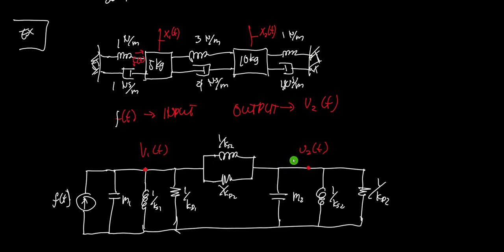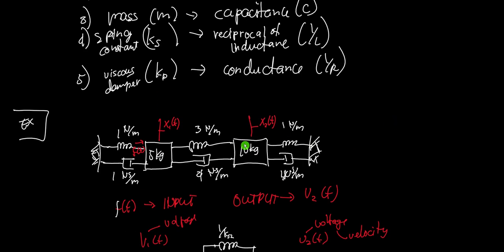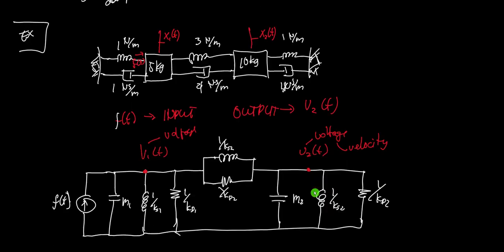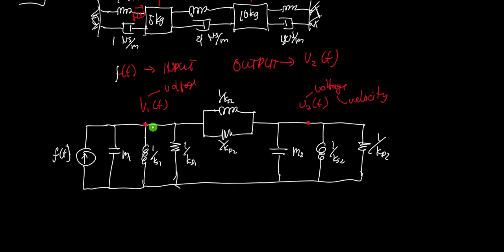So these V's here are voltage, not the velocity. But actually they are equivalent also to the velocity. They are also velocity because, remember, velocity is analogous to voltage. So we can treat them as just a velocity.